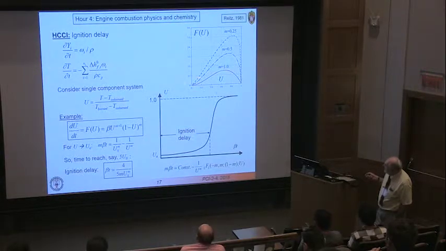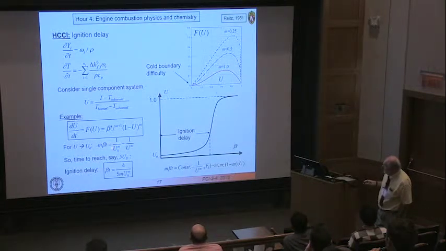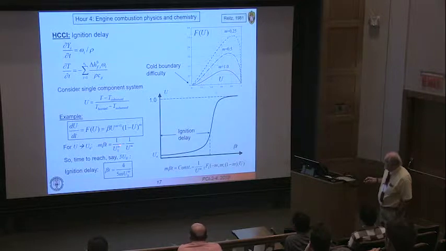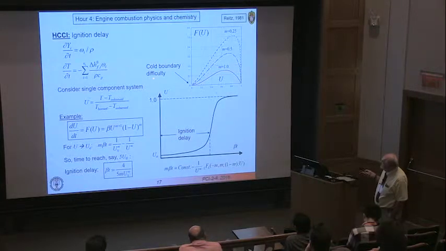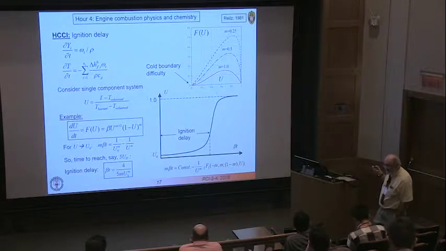But we can look at it in this region right here where you start the combustion process. And what you find is that the combustion requires some initial seeding in order to start. This is referred to in the literature as the cold boundary difficulty. Basically, you need something to kick the reaction to get it to start.